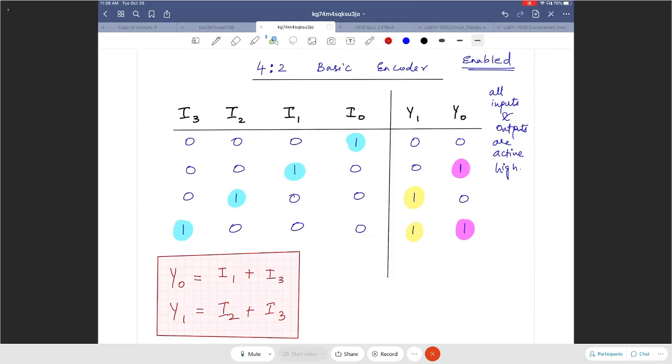I0, yes. I0 is not connected to anything, right? So for a 4 to 2 basic encoder, I0 doesn't even matter, right? If this is 1, it doesn't matter in this case.